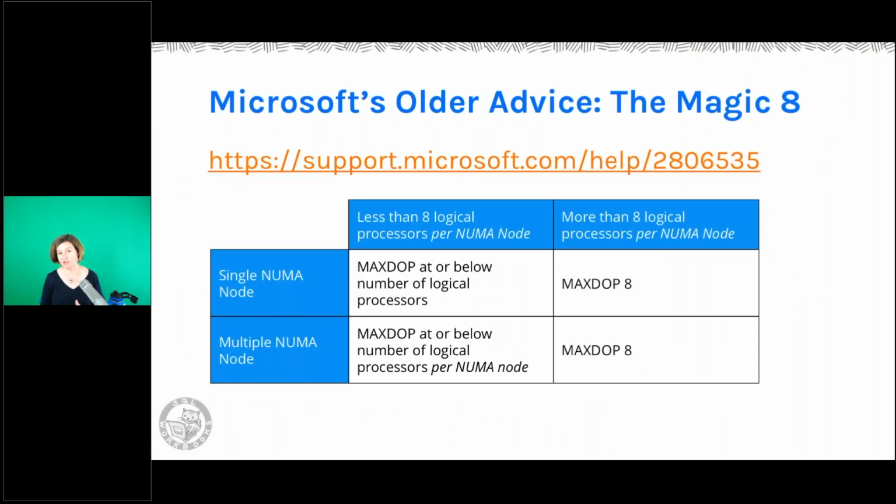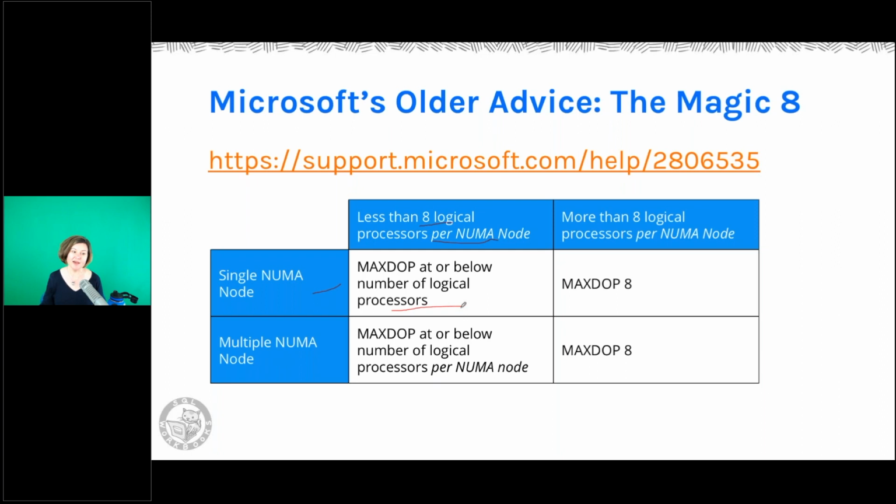The older advice that you'll see from Microsoft is that 8 is a magic number. This is the older advice, and this is not always true anymore, but for older versions of SQL Server, they recommend that if you have less than 8 logical processors per NUMA node, and you have a single NUMA node, you set MAXDOP at or below the number of logical processors.